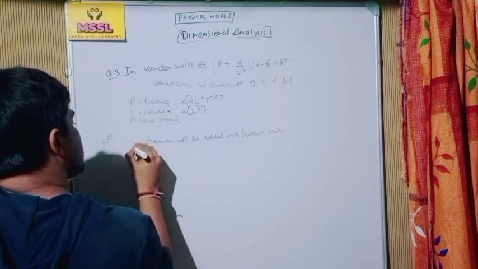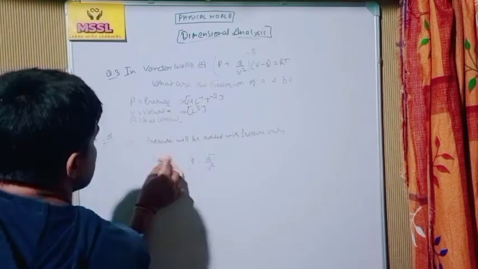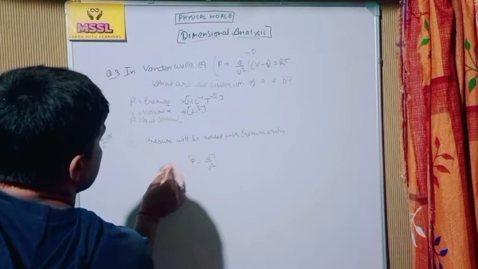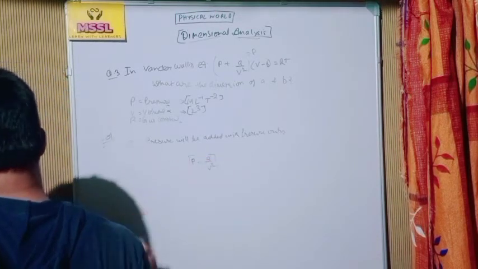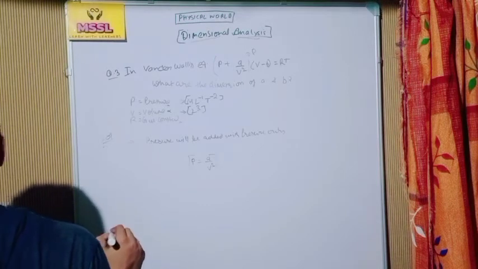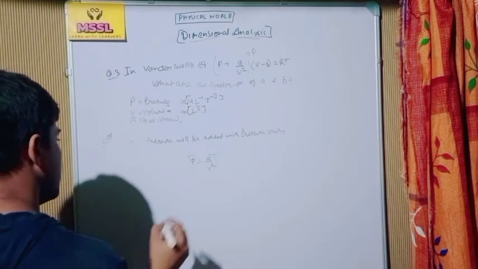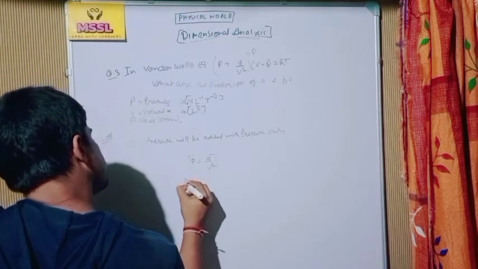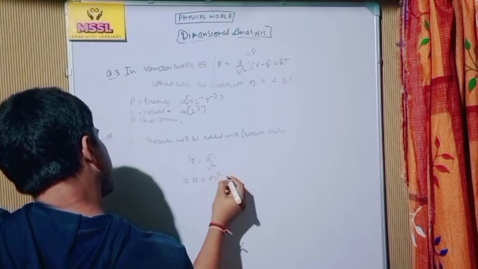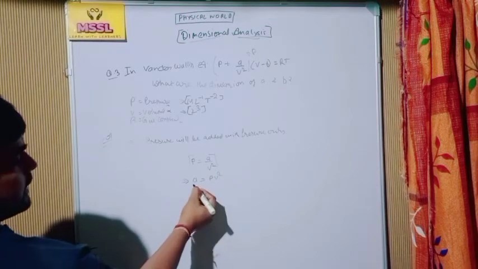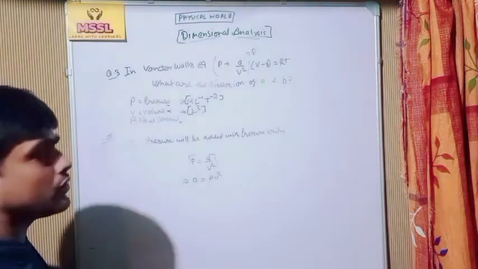So from this statement we can conclude that P is one pressure, and a by V square is also pressure. If we simplify this, we can get a equals P V square. So from here we can get the dimensions of a.